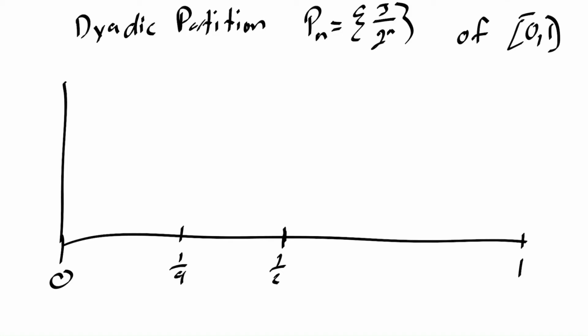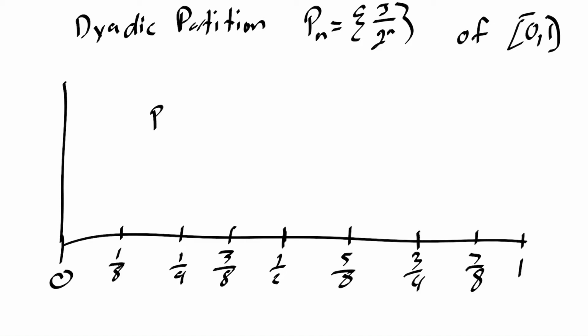If I do n equals 2, then that's a fourth. I would have 0, 1/4, 1/2, 3/4, and 1. And notice what I'm really doing is dividing by halves. Then if I did one more, I would have an eighth, a fourth, 3/8, a half, 5/8, 3/4, and 7/8.